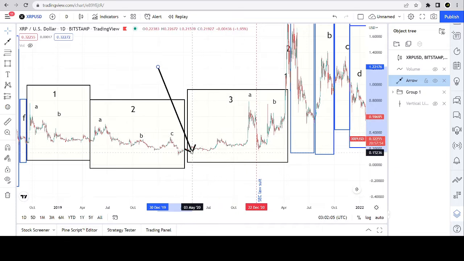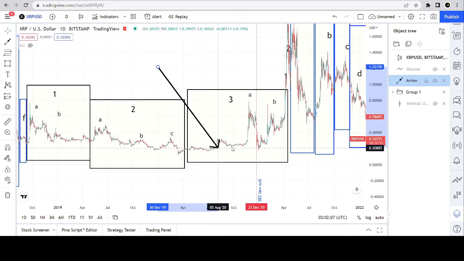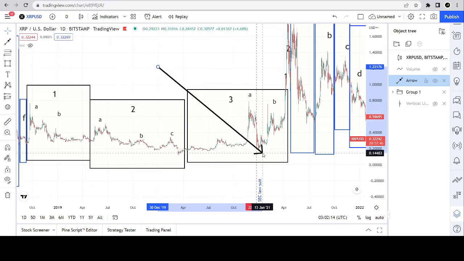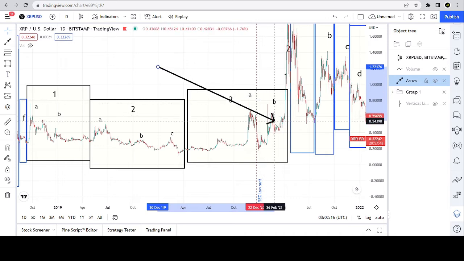So pattern 3, this one's interesting. It moves kind of flat, and then poof, it goes up, comes crashing down, moves back up, does that correction before it takes off into its bull run. And this one is very clear, it took a long time to form.